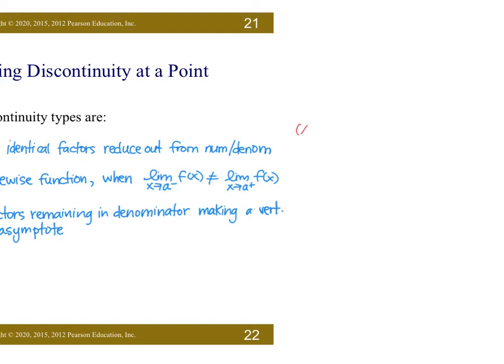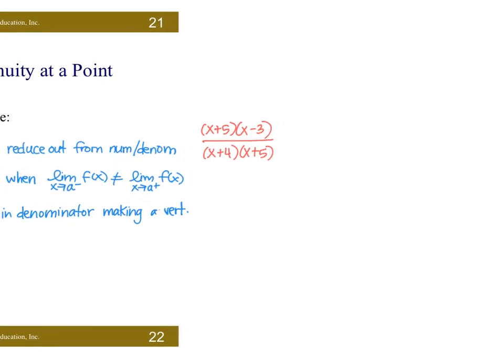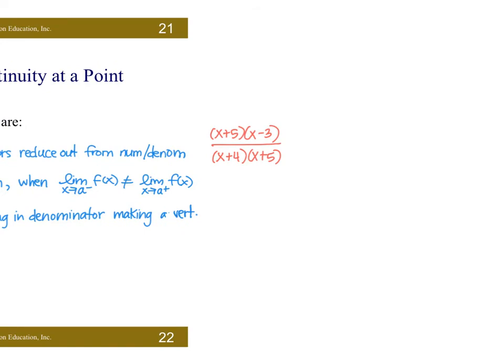So maybe x plus 5 over x minus 3 over x plus 4, x plus 5. Right, in that case, the x plus 5s would reduce away, and so we'll have a removable discontinuity at x is negative 5.